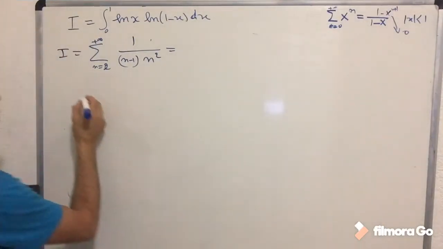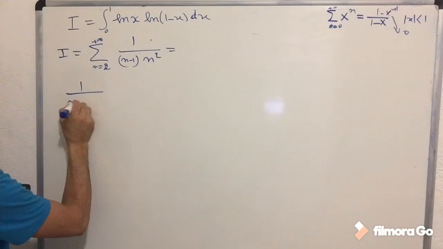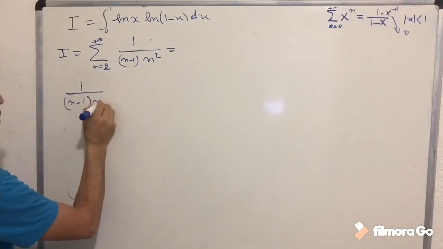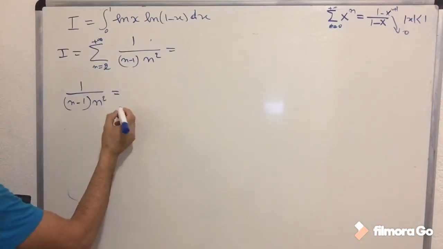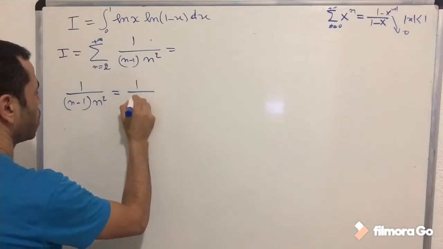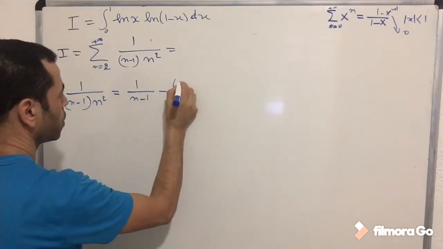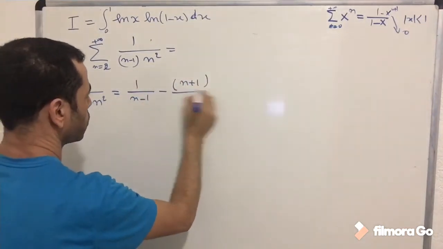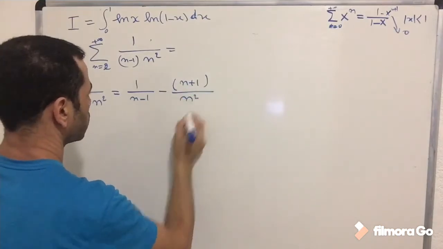If you take a look here, 1 over (n minus 1) times n squared equals 1 over (n minus 1) minus (n plus 1) over n squared.